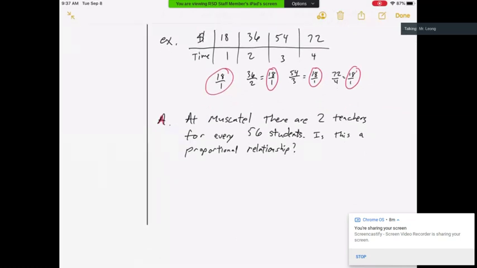Okay, so we want to know, is this a proportional relationship between two things, right? We're comparing teachers and students. And some of you might think, well, yeah, this is easy. And some of these are pretty straightforward. So what we're going to do is put it in a table. In the homework today, you're going to see a lot of tables, right? And you're going to have to interpret the data from those tables. Okay, sorry, I'll give you guys a few more seconds here.